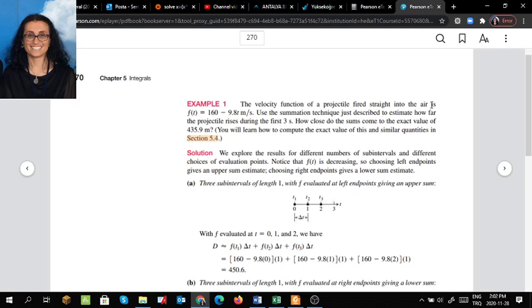Now, sometimes we would be given acceleration, but they are going to ask us to find velocity, so we are going backwards, or they are going to give us the velocity function and ask us for the position function. If this is the case, then instead of the derivative, we have to do the antiderivative, because we are going backwards.